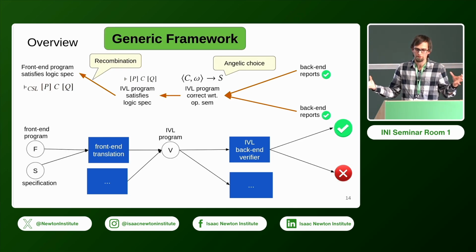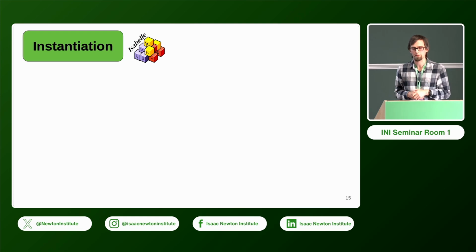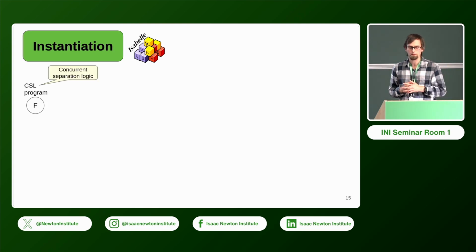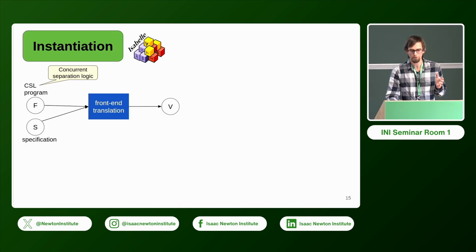What I've shown you is the generic framework of this approach, but we've also instantiated this approach for a concrete instantiation. In particular, we take a relatively standard concurrent separation logic and build a front end for that.